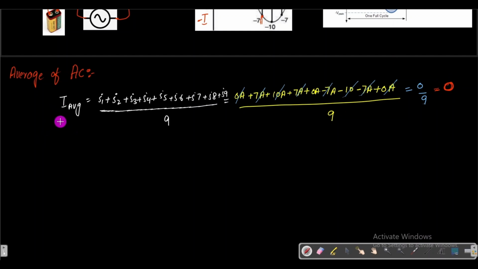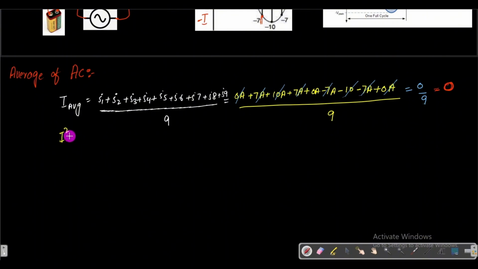For that I am going to take the square of this current. If I take the square of the current, the negative sign will also become positive. So for the average, let's say this is I, I am going to take the square of this current.